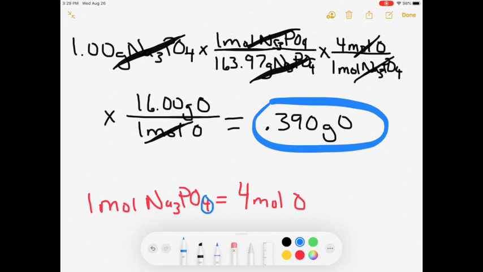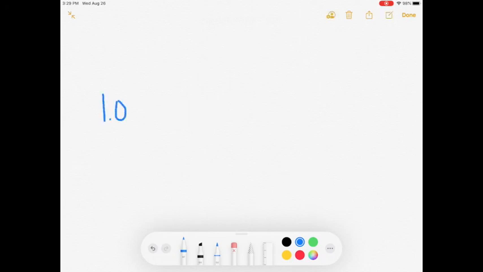Now we're going to figure out how much phosphorus we have. If we know how much sodium and how much oxygen we have, all we have to do is subtract those numbers.